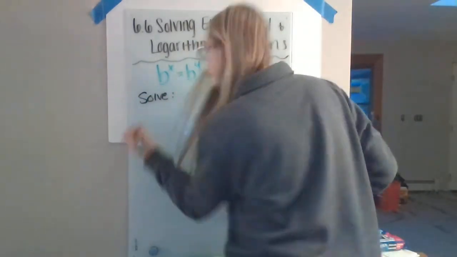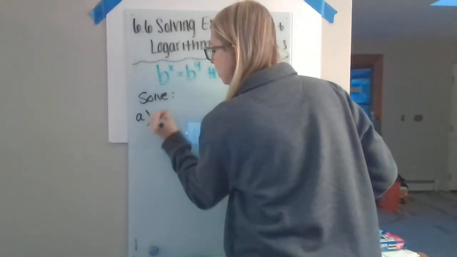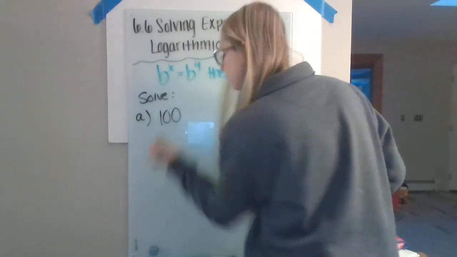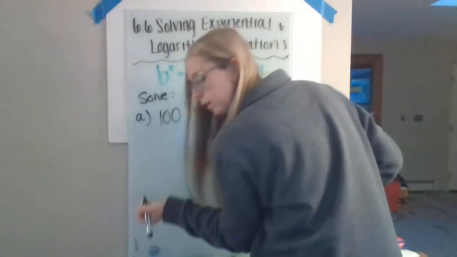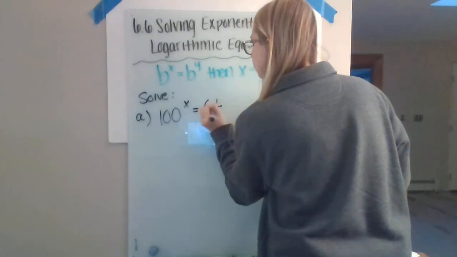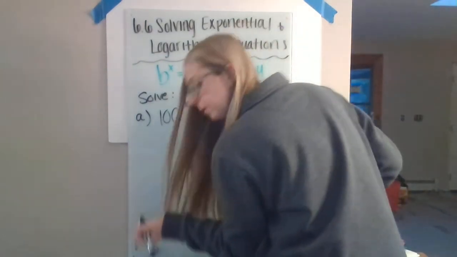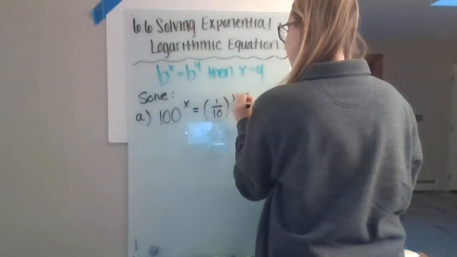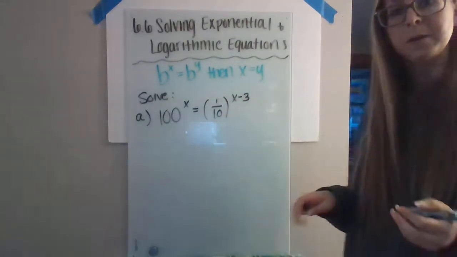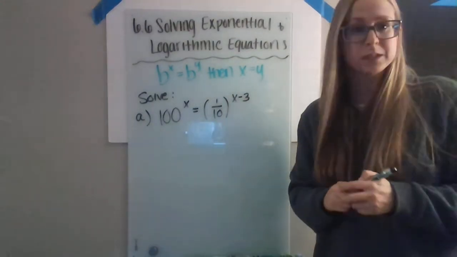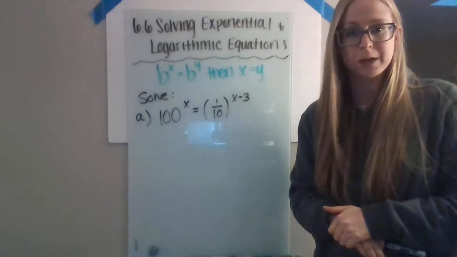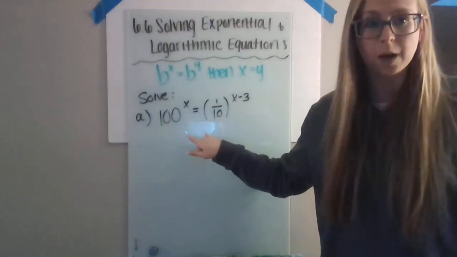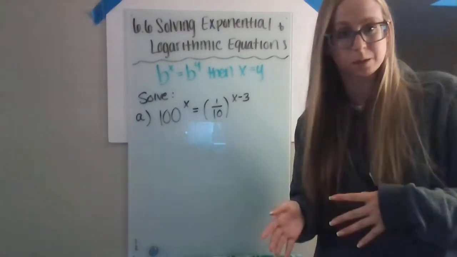For the first one, I have 100 to the x equals 1/10 to the x minus 3. Like I said, sometimes it's going to be easy, sometimes it won't be. These ones don't have common bases, so we have to make them look common.